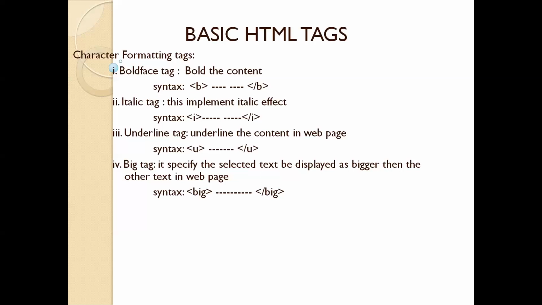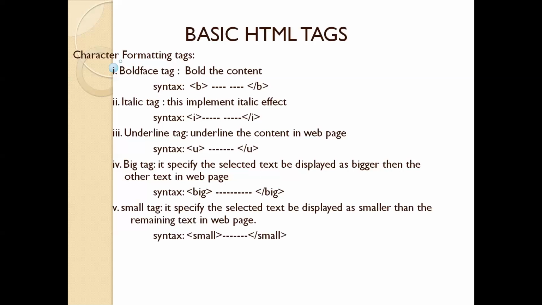So I want to display it bigger than other text in that web page. So I have to represent hypertext markup language in between the big start tag and big end tag. Anything represented in between the big start tag and big end tag will be displayed bigger than the other text in the web pages. So remember this one, the big tag.